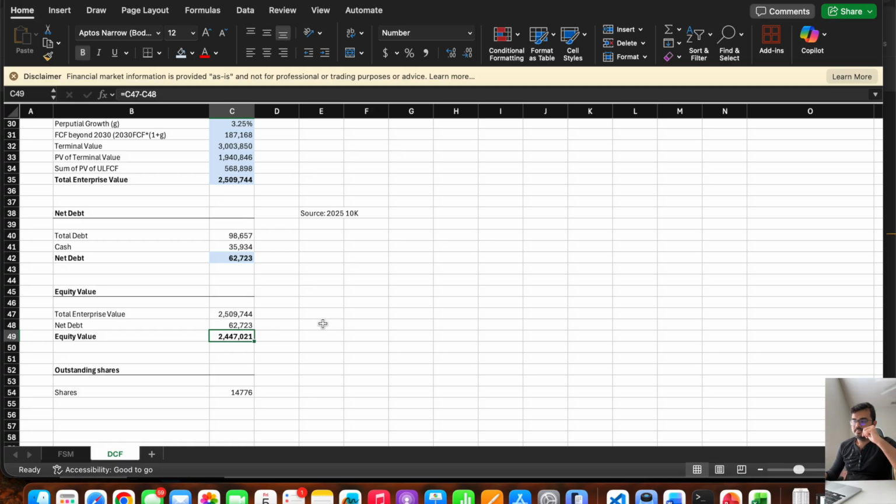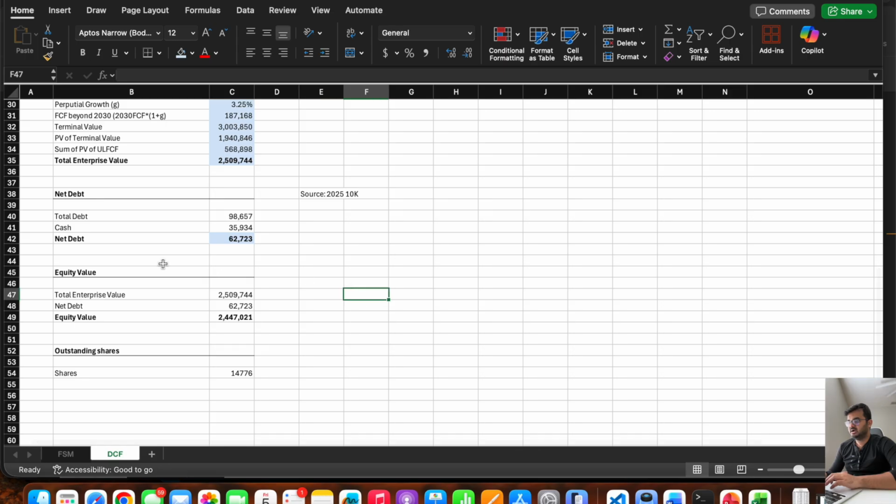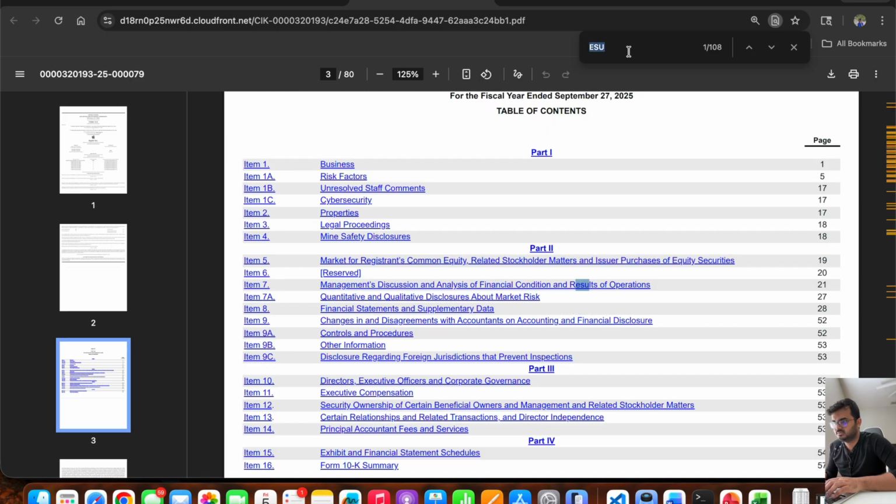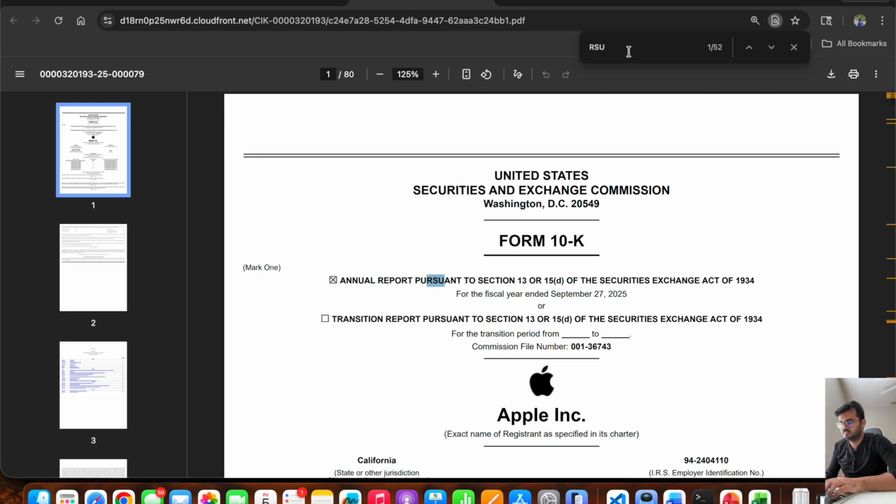But if you think through a very minute nuance, Apple will also give more stocks as restricted stock as a compensation to employees. Let's see.